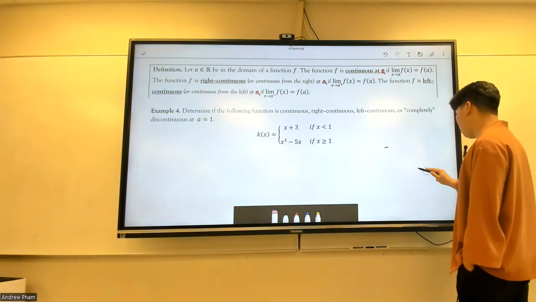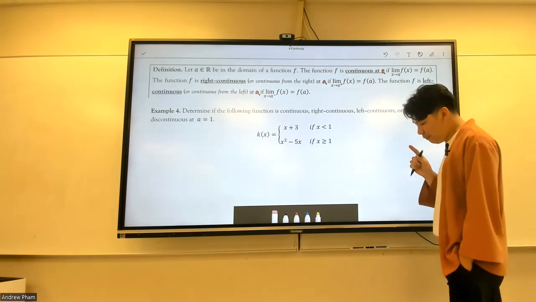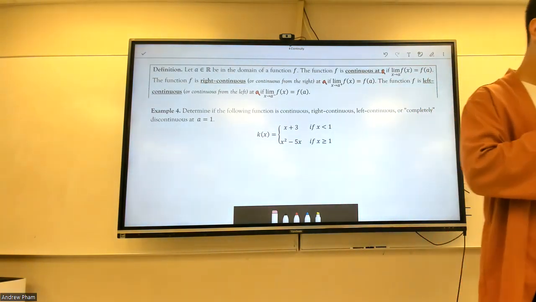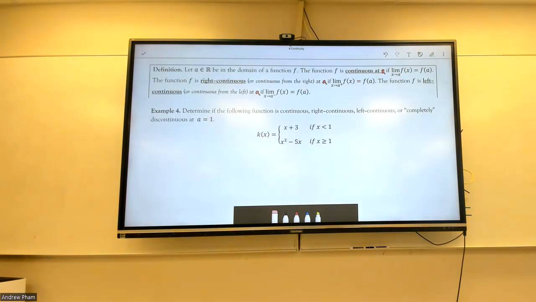So using that definition, before we go into the example, do y'all remember that one theorem about the left limit and the right limit versus the two-handed limit? What happens whenever the left and the right-hand limit are the same? What happens to the regular limit? Yeah, it's the same number, right? What happens if the left and the right are different? Yeah, and then the limit didn't exist, right?